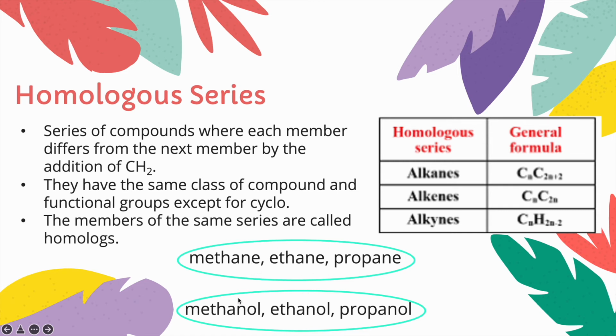Same goes for methanol, ethanol, propanol. The class of compound is the same, which is alcohol. The only difference is the addition of carbon. So 1 carbon methanol, 2 carbon ethanol, 3 carbon propanol. So they are in the same homologous series.